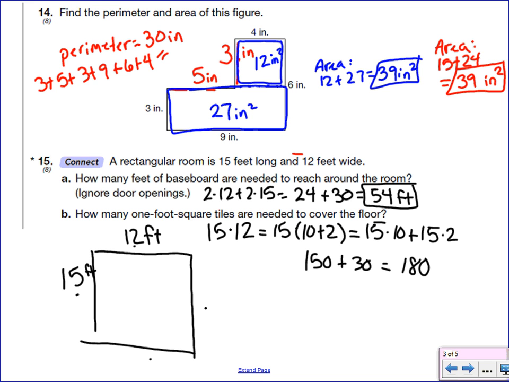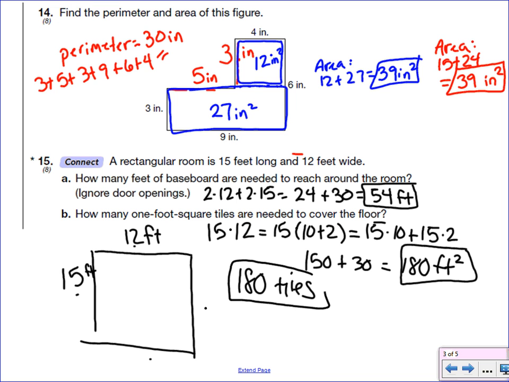And the units were feet, so units for area are feet squared. So how many 1-foot square tiles? You would need 180 tiles to cover 180 feet squared.